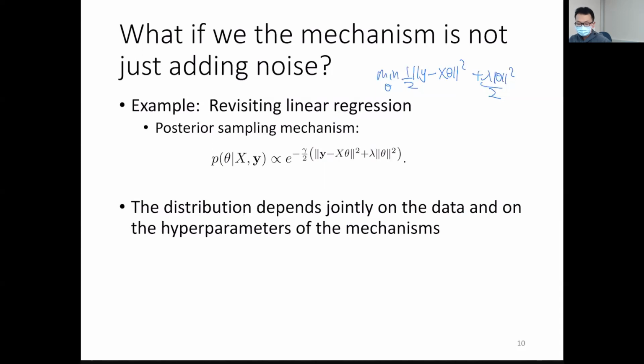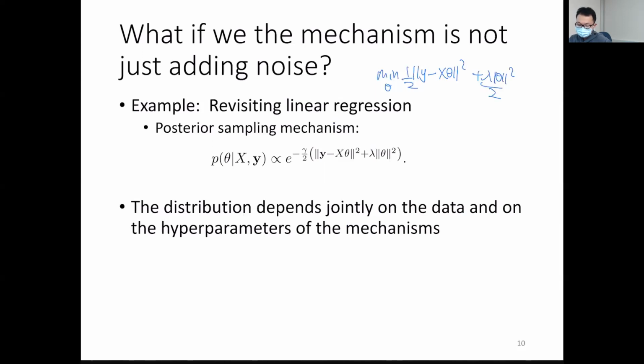Choosing these two hyperparameters appropriately will give you epsilon delta differential privacy. This is a result of Minami et al. And the question is how do we do that in a data dependent way, and what are the benefits that we can get out of doing things in a data dependent fashion.